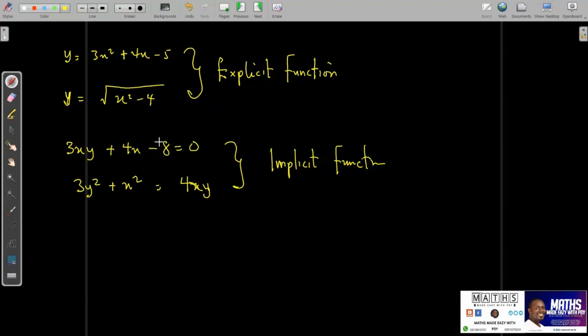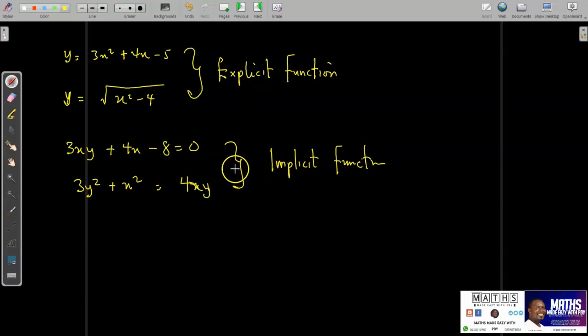And when you are asked to differentiate, since most of the examples we've done previously were on explicit functions, when you are differentiating an explicit function, you always differentiate with respect to x. That same idea comes to implicit functions, but there is more to be done.